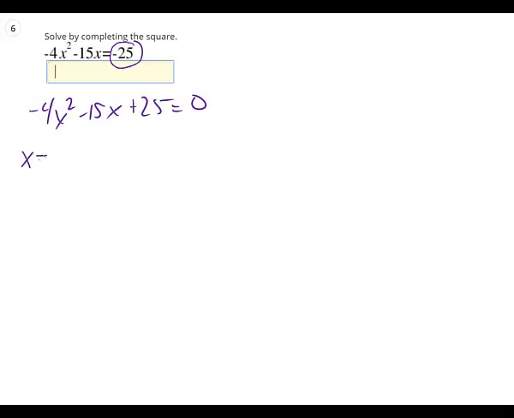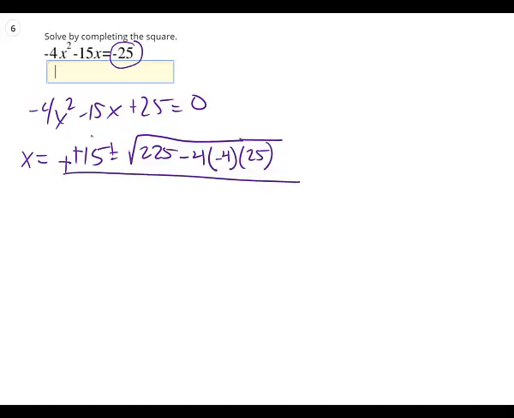So we've got x equals, what's your b value? Negative 15, so that's going to go positive, plus or minus the square root of, what's negative 15 squared? 225. 225 minus 4 times what? Negative 4 times 25, okay.